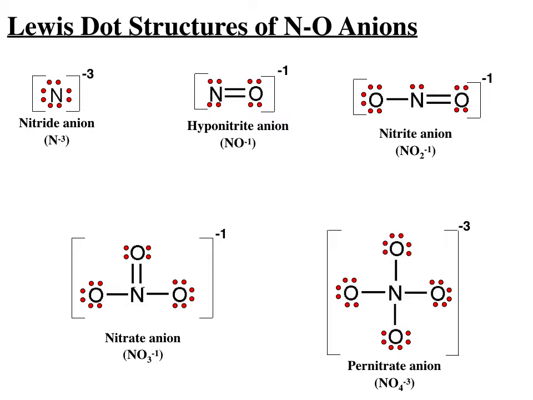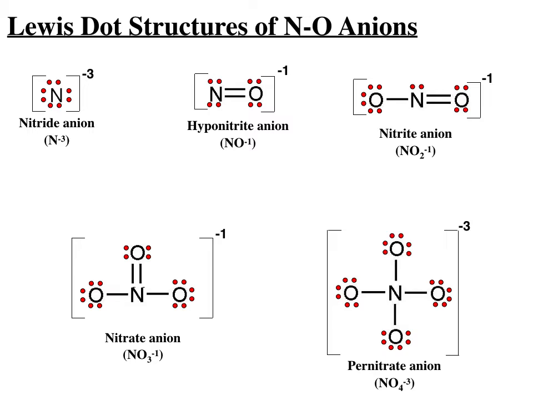So one and only one of the O's can kick 2 in as the N kicks 2 out to each O. So we will form a double bond to one of the O's and a single bond to the other 2 O's when we form nitrate, just like we formed a double bond to one of the O's and a single bond to 2 of the O's when we formed SO3 neutral. Again, there's isovalence between NO3 minus 1 and SO3 neutral, so the bonding scheme has to be exactly the same in both cases.